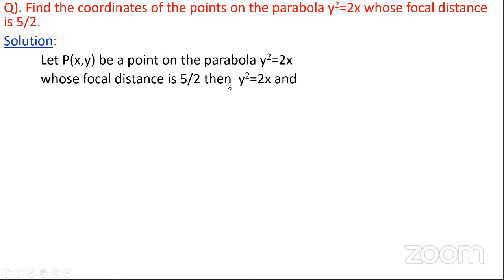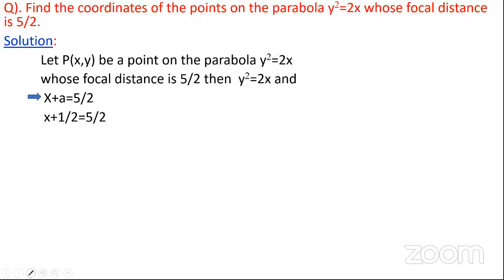Compare this y square is equal to 2x with the standard form y square equal to 4ax. We shall get the focal distance of the point x plus a is equal to 5 by 2. Now, what is a, children? 4a is equal to 2.